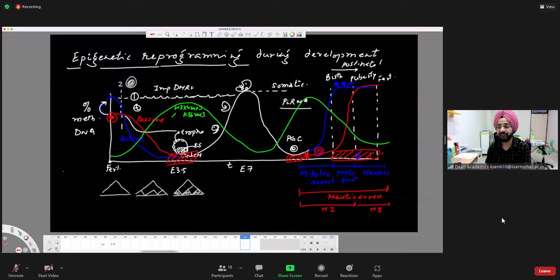If you have any error in these phases, you are predisposed to developmental disorders. Okay. Now think about this and think about transgenerational inheritance. If epigenetic modifications are erased twice, once during germline development and once during embryonic development, then how come we keep the epigenetic modification from one generation to another generation?